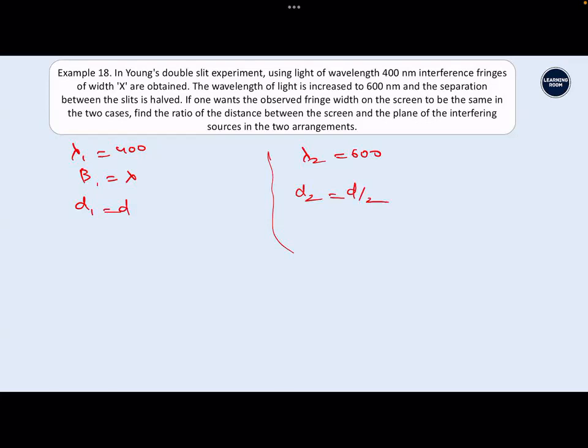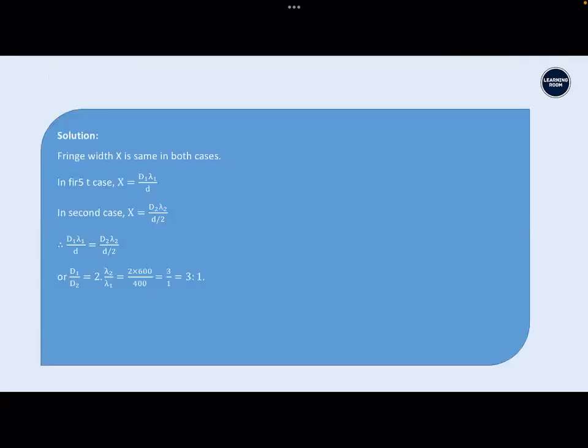If one wants the observed fringe width on the screen to be the same in the 2 cases, find the ratio of the distance between the screen and the plane of the interfering sources.